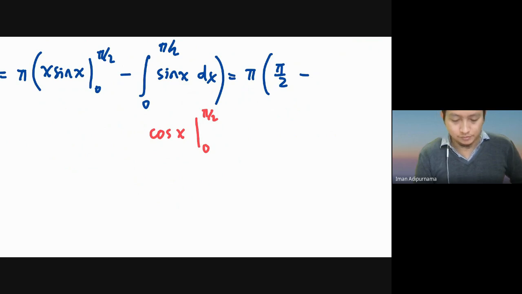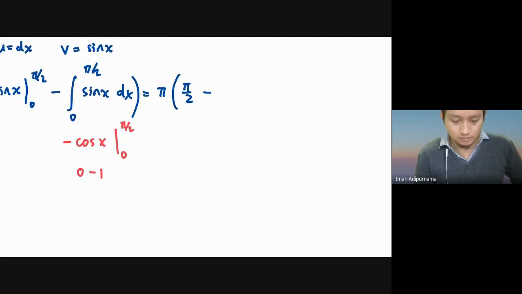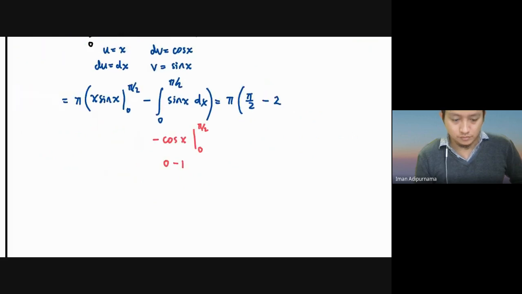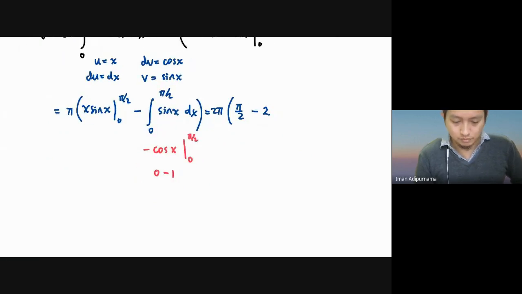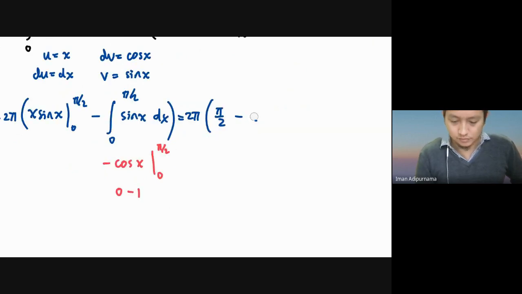Okay. So it should be 0 minus 1. It's minus. So it should be minus 2 pi. So it should be minus 1.